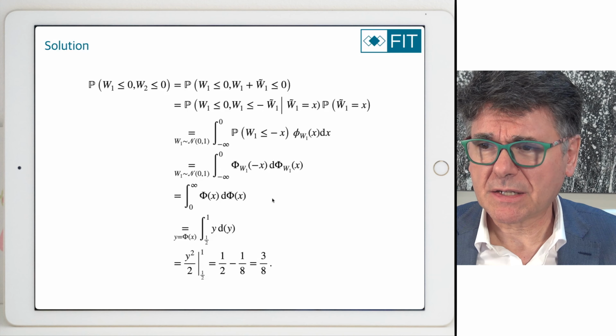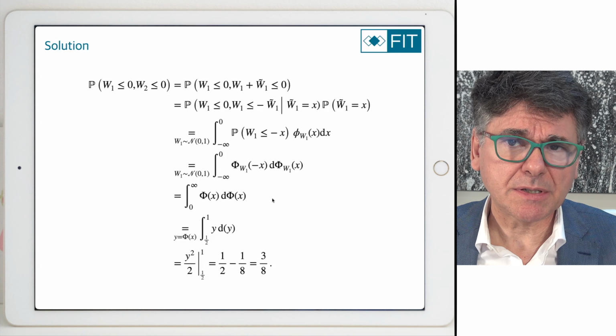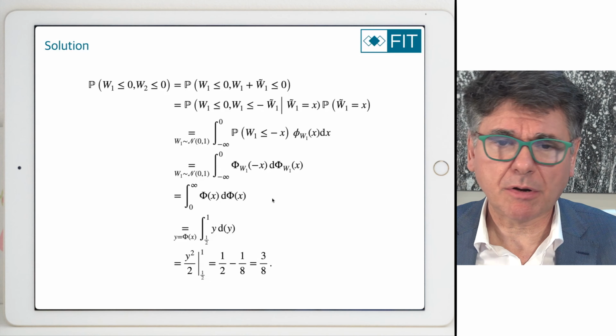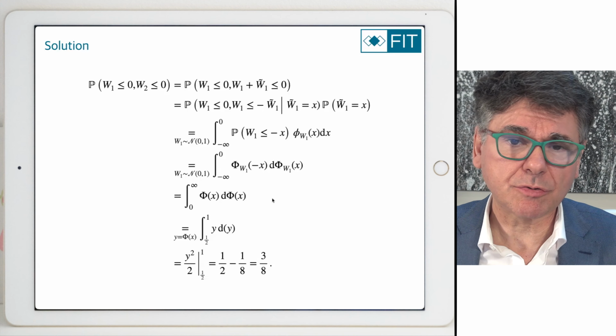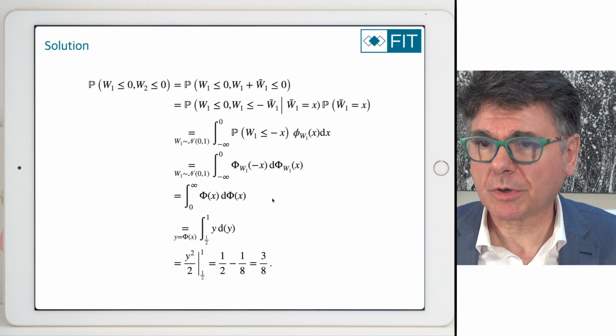The result of that is what you have here. I can read it to you, but it's better if you just walk through it yourself. The answer is 3/8.